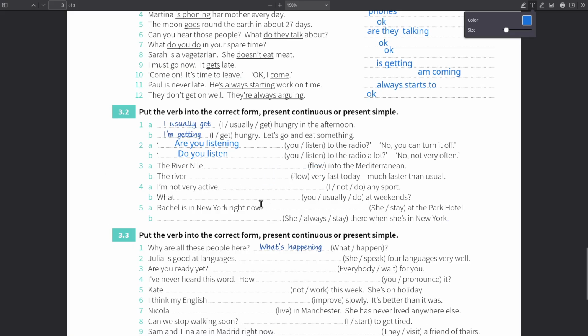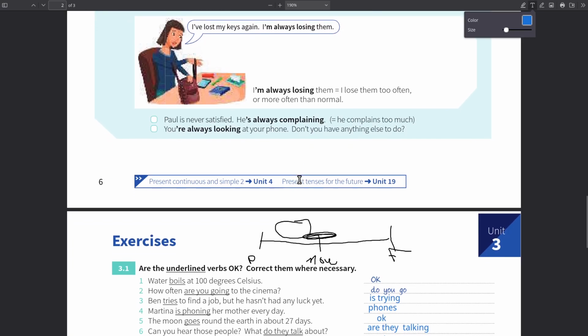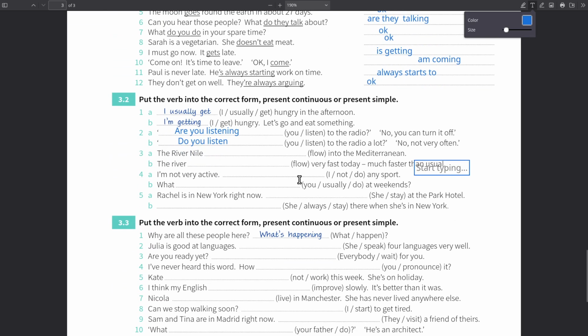Let's move on to the next one. The river Nile, I think it's Nile, flows into the Mediterranean. Okay, the river is flowing very fast, much faster than usual. Okay, that one's pretty simple. Of course this one, the first one, is a present continuous. Why? Remember, we can use present continuous to describe an activity or something happening more often than usual.